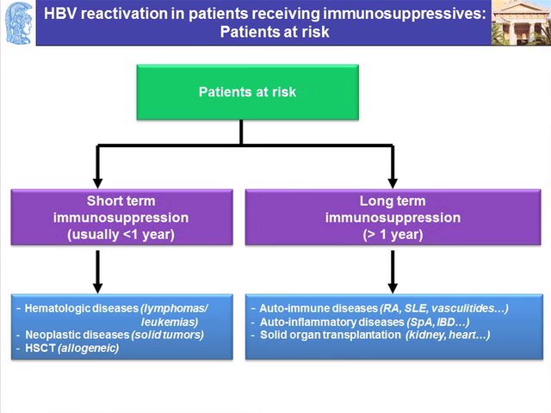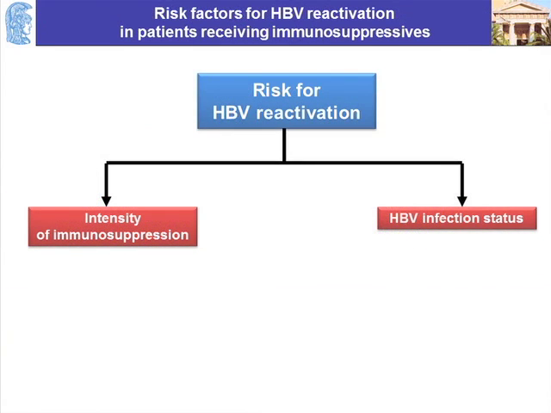Most of the patients we see are in this group. These are the patients that receive long-term immunosuppression for the chronic diseases that we're dealing with. Who's at the highest risk? I would say that the risk depends on what immunosuppression you are giving, and it depends on what the underlying HBV infection status is.